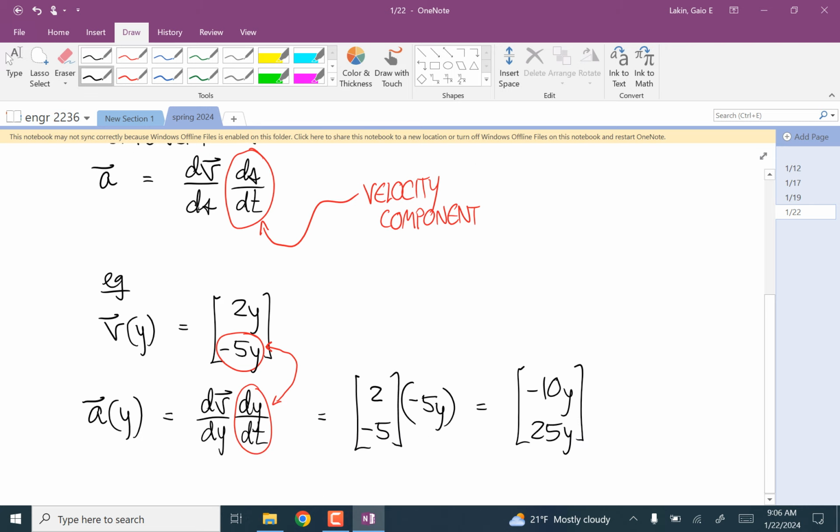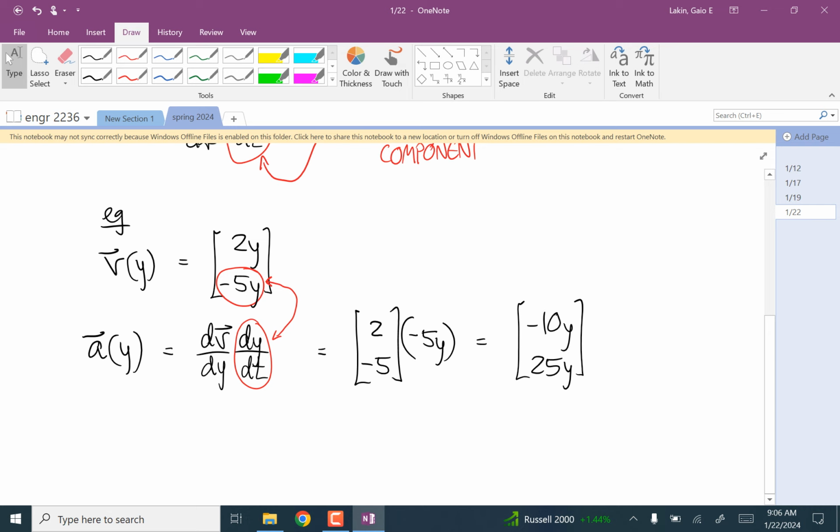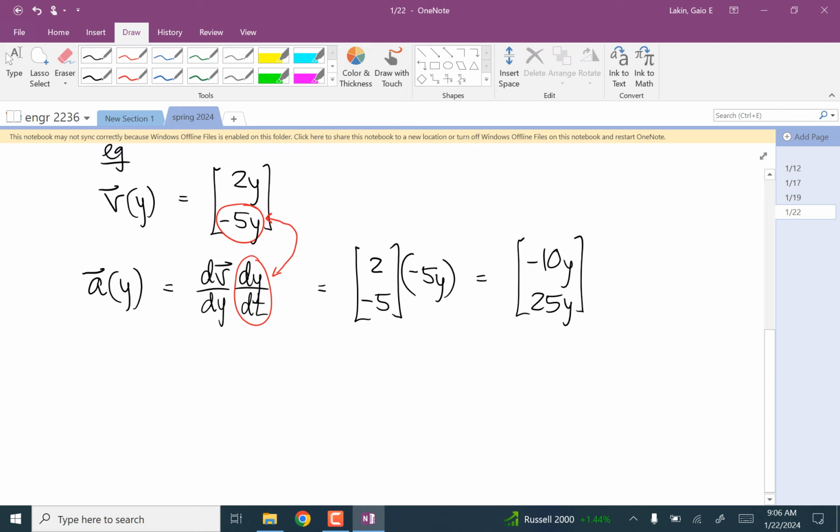Rather than knowing right off the bat the velocity as a function of a position component like this, it would come up more often that you're given a position relationship between the two components or the three components and the speed.